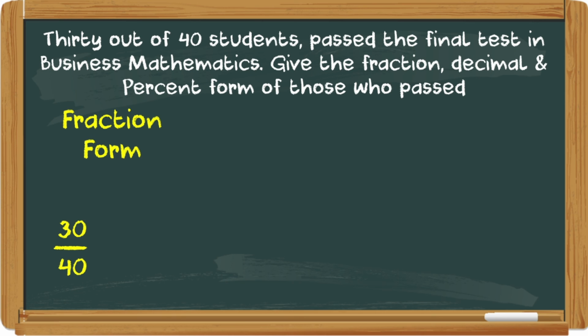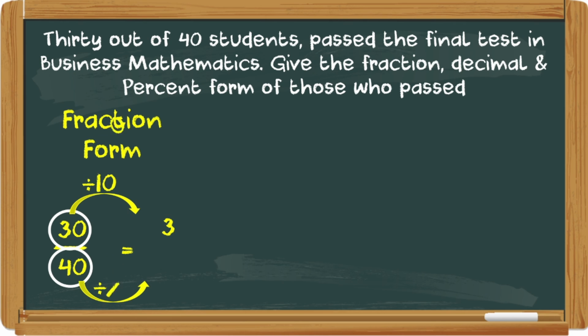And finding the lowest term, or the simplified form of 30/40, we can find out that the GCF of 30 and 40 is 10. So we'll have now 30 divided by 10, that is 3, and 40 divided by 10, that is 4, giving us the fraction form, which is 3/4.